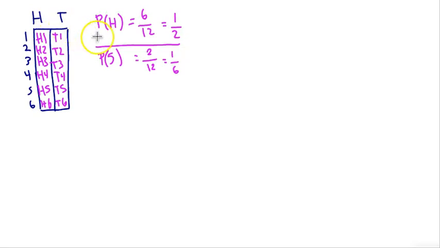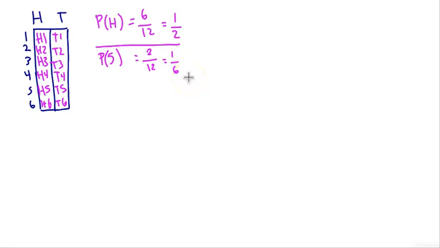If we start by looking at the events separate from each other, the probability that the coin lands up heads is 6 out of 12 because there's 6 outcomes with an H and 12 in total. The probability that the die lands on a 5 is 2 out of 12 because again there's 2 outcomes that have a 5 out of 12 in total. When we reduce our fractions, we get 1/2 and 1/6.